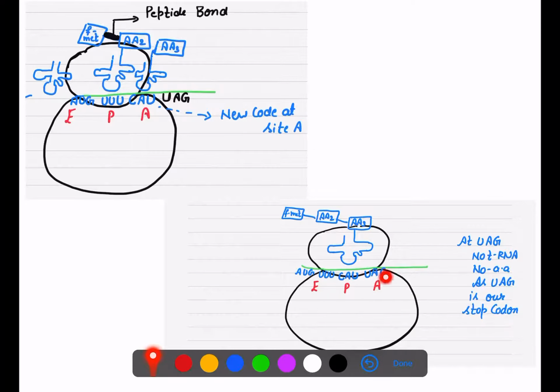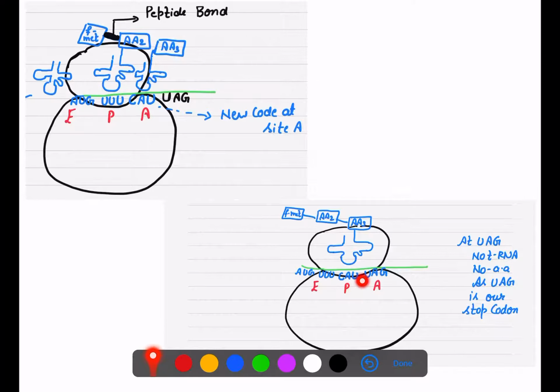So with the movement of the ribosome, the codon is read at the E and P sites, and at the P site they form a bond. First they form the bond between methionine and amino acid 2, and now amino acid 3 is on the P site, so amino acid 2 will form a bond with the next amino acid.